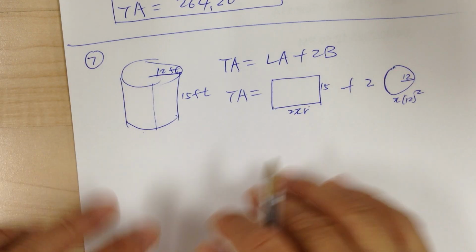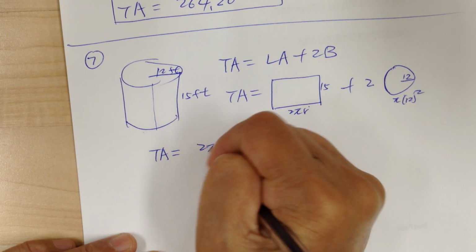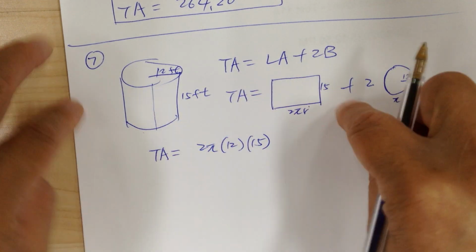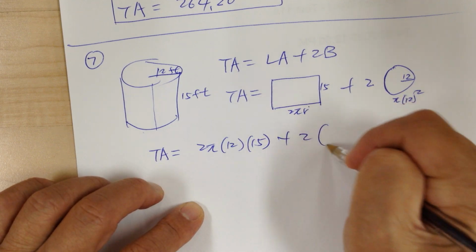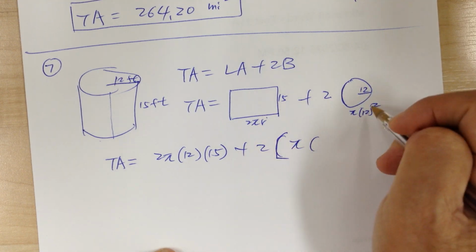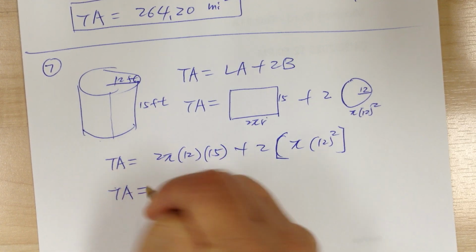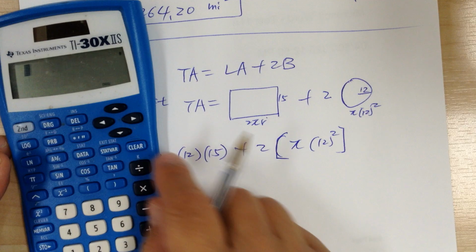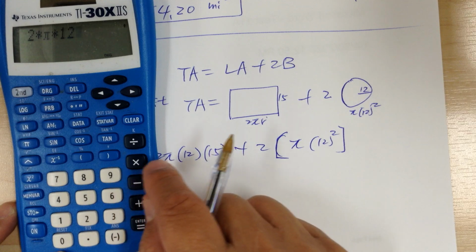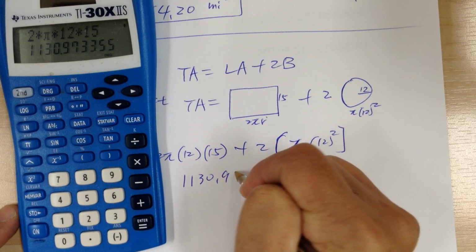You can develop your strategy. Now you can start putting in all the numbers. So total area equal to 2 pi r, which is 12, times 15. When you open it up, it becomes a rectangle. Plus 2 times, the area of the base or the circle is pi r squared. Okay, so now you're ready to enter all the numbers. So 2 times pi times 12 times 15 equal 1130.97.